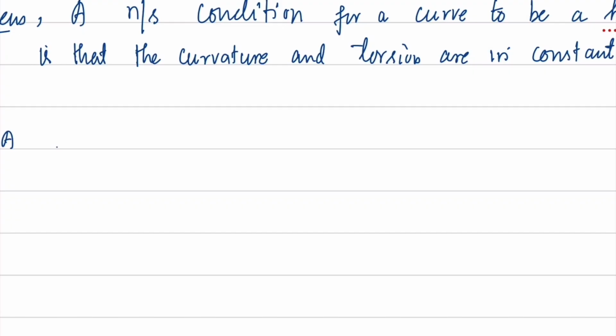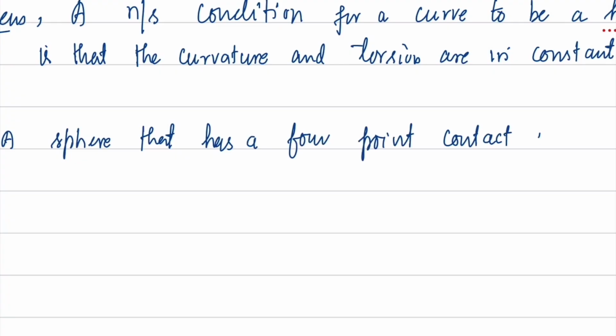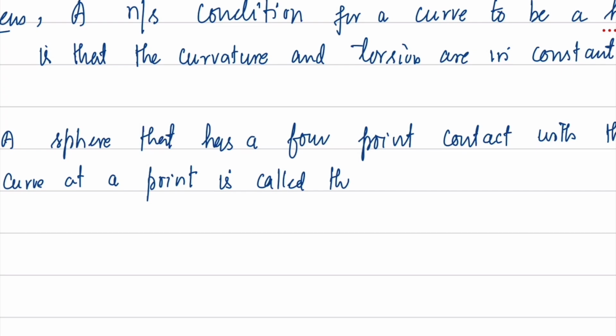The sphere that has a 4-point contact with the curve at a point is called the osculating sphere, or this is also known as the sphere of curvature.